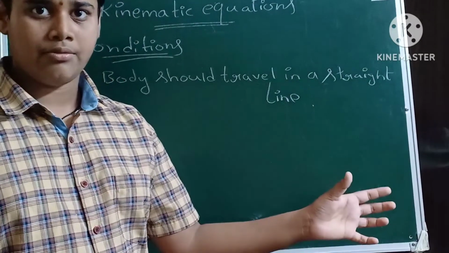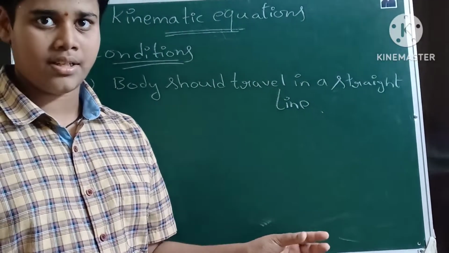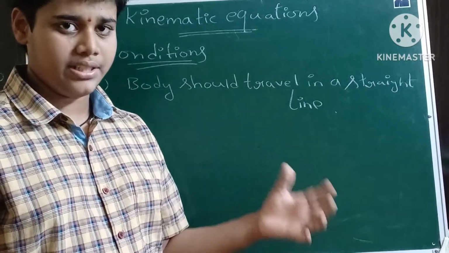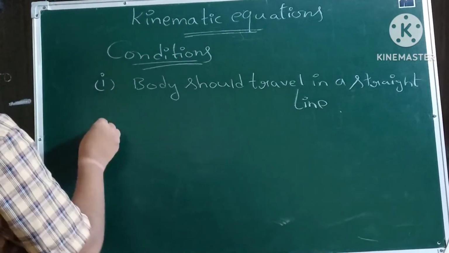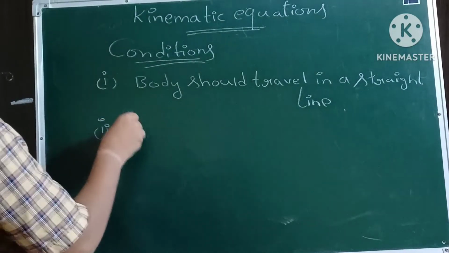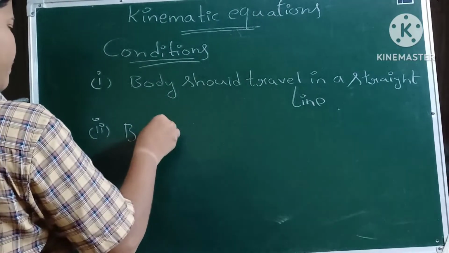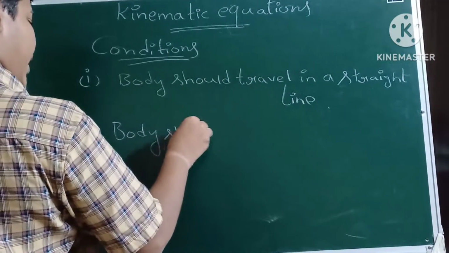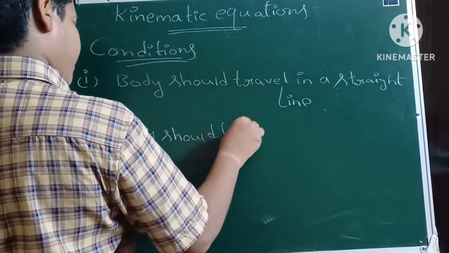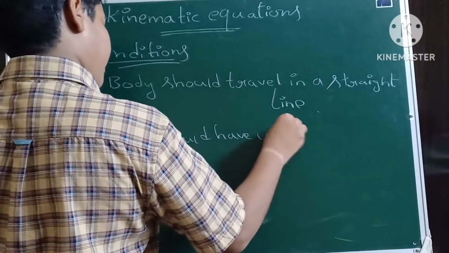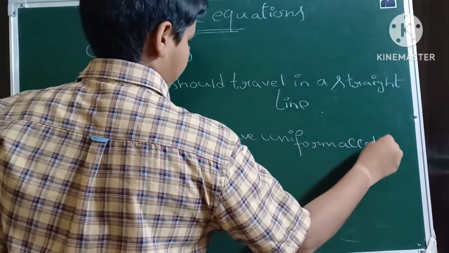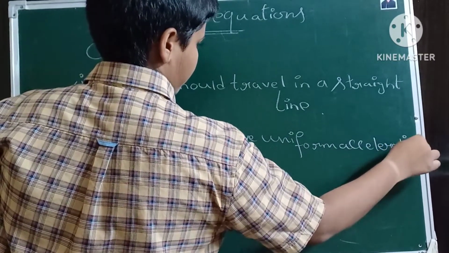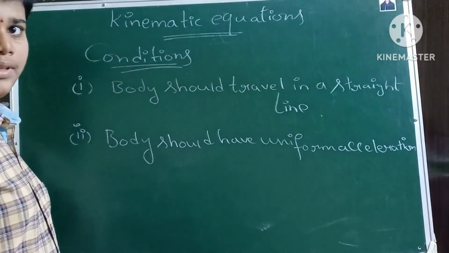In a straight line we can calculate acceleration, final velocity, initial velocity, time. The second point is the body should have uniform acceleration.